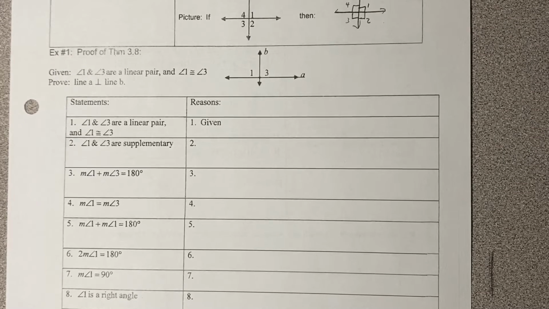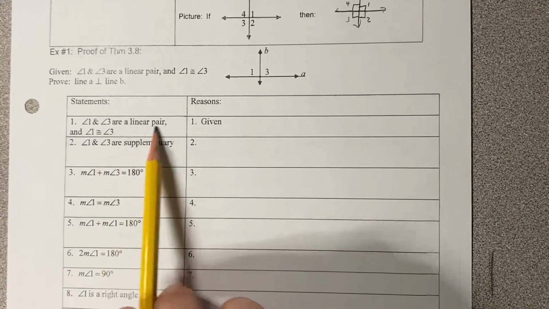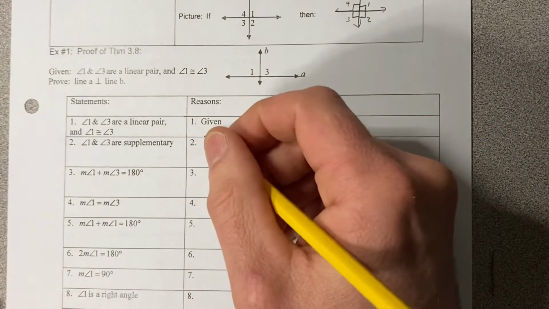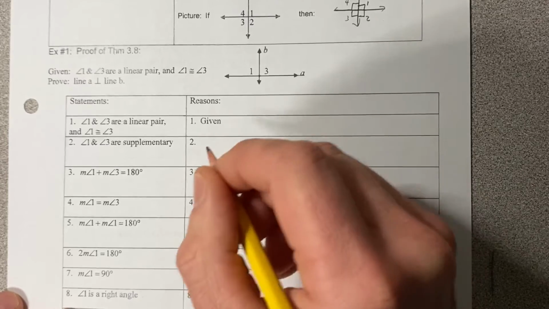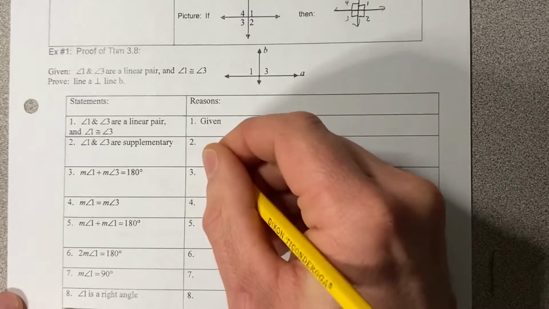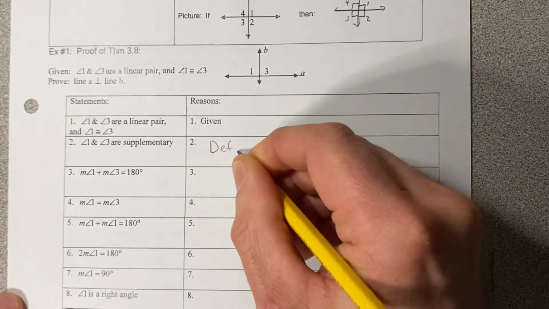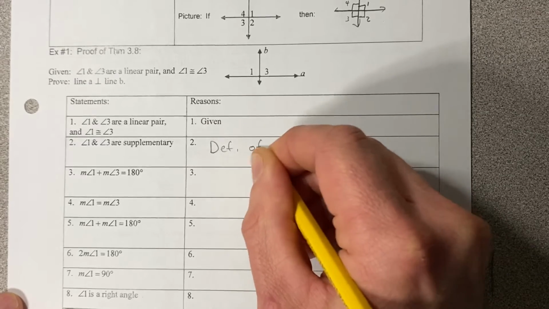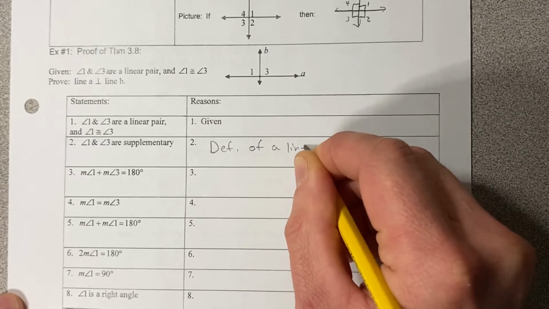So step 2 says angle 1 and angle 3 are supplementary. Well, how do we know that? We know that because they were a linear pair. So when you know something because of a very specific word, chances are that's a definition. And in this case, it's the definition of a linear pair.